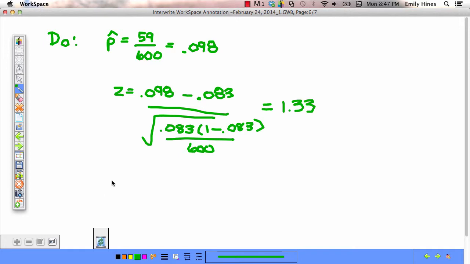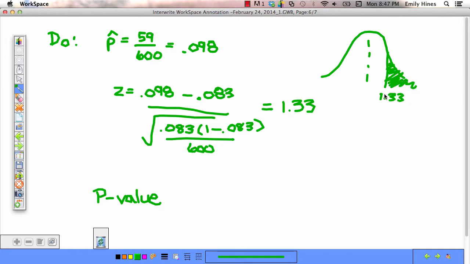Okay, then I find my p-value. Going the direction, I may even draw a picture. Here's my mean. 1.33 would be here. It wanted more than.